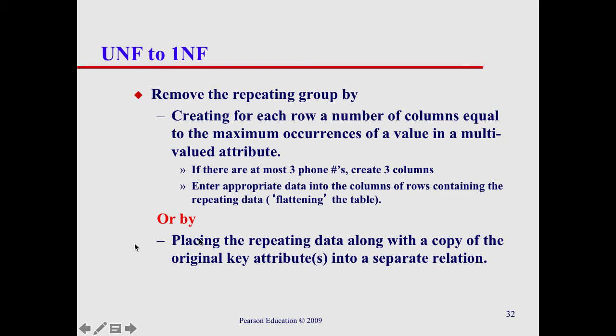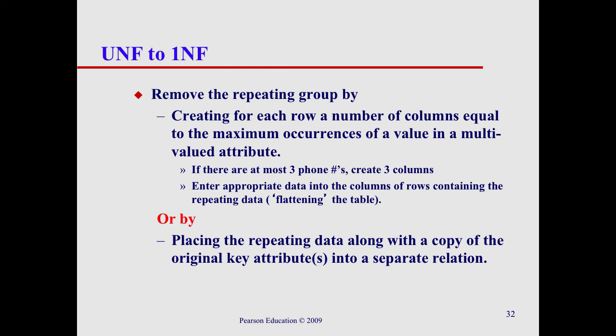So solution 2, where you place the multi-valued attributes into a separate relation, is far better, where you just have a branch number and a phone number. The relation would be like a phone number relation with just a branch number and a phone number.